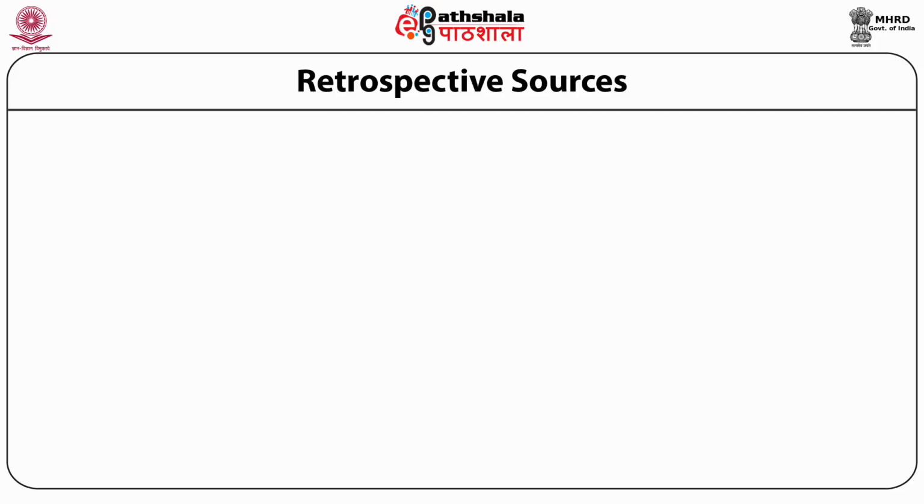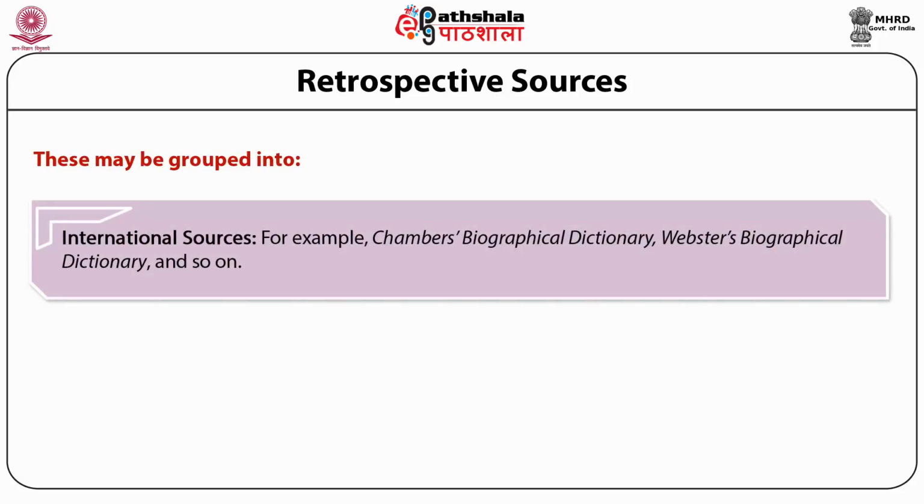Retrospective sources of biographical information could be grouped into international sources. For example, Chambers' Biographical Dictionary. Its 6th edition, published in 1997, was on its 100th birthday, and it has more than 17,000 entries in it.